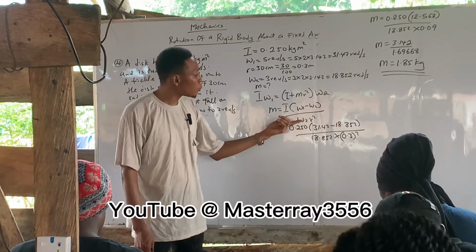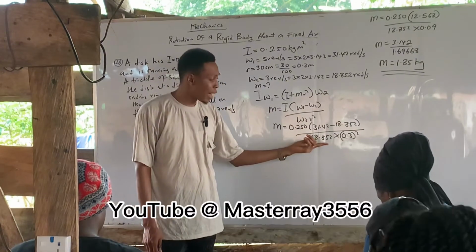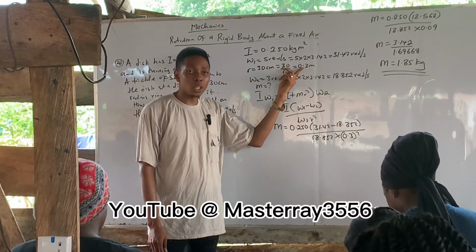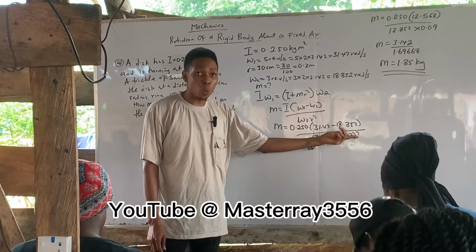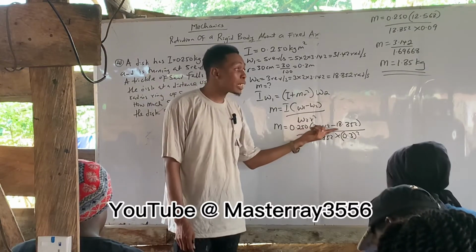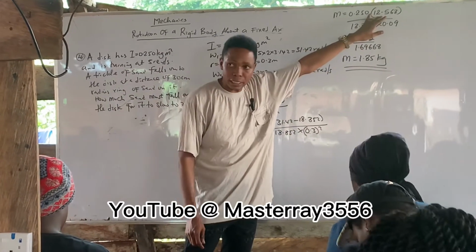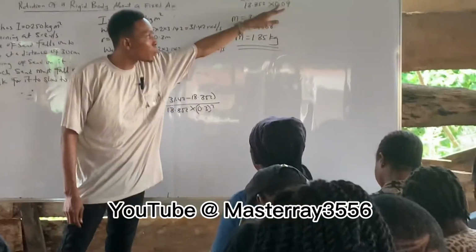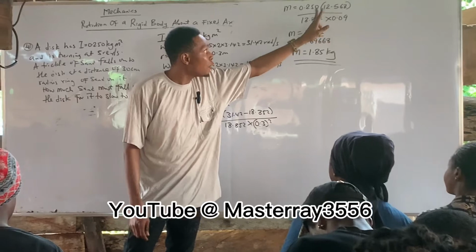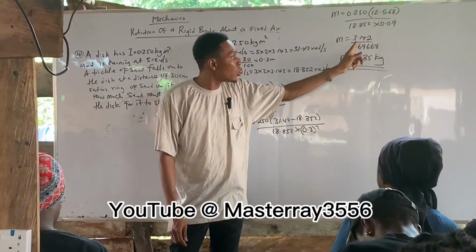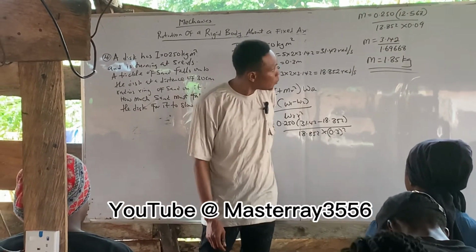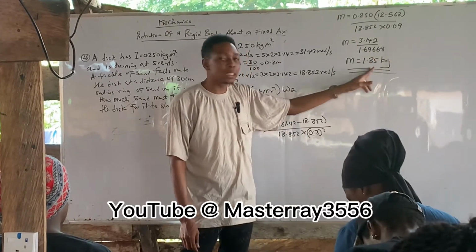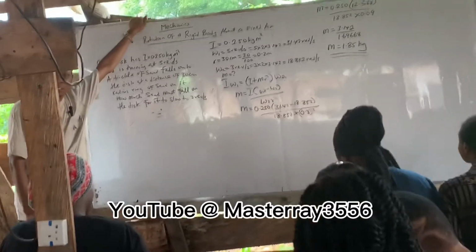All over, what's W2 again? 18.852 times what's radius? 0.3 square. So if you subtract the bracket, you arrive at this. Then if you square 0.3, it gives 0.09. And if you multiply these two, it gives you this. And if you multiply this, it gives you this. And if you divide, it will give you this.